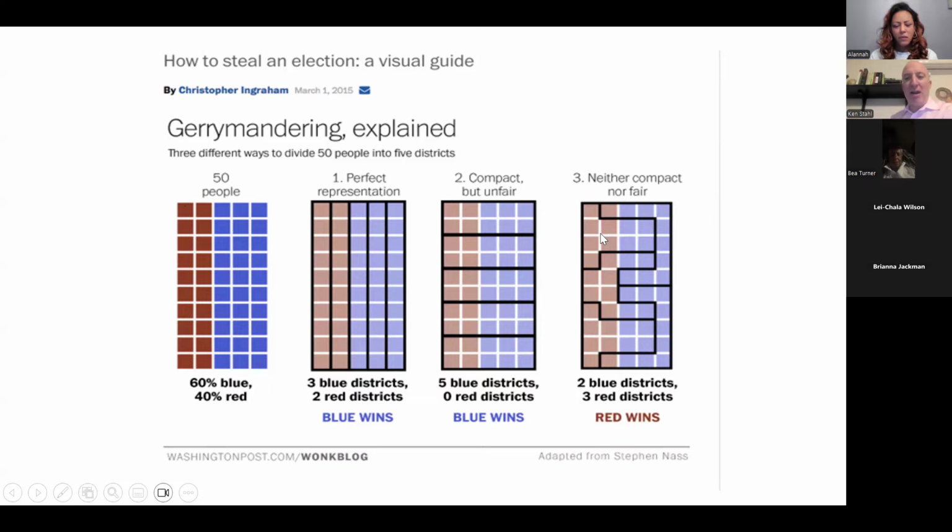So gerrymandering, as you can see here, can work in a way that members of the minority party can actually be deprived of an opportunity at fair representation, or the opposite, that the minority can actually deprive the majority of fair representation.